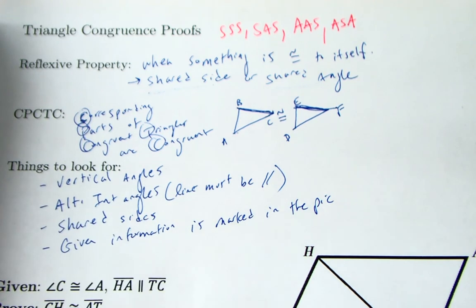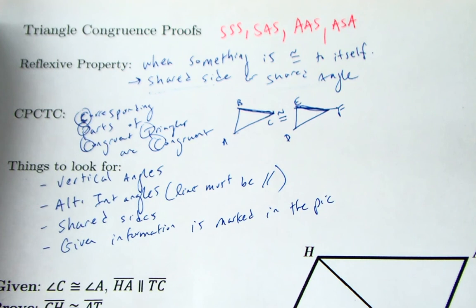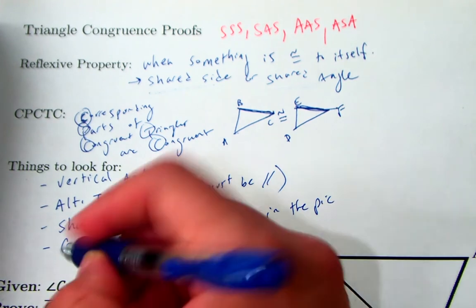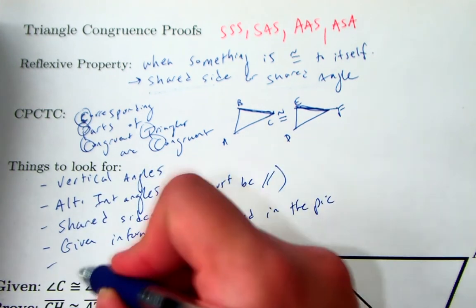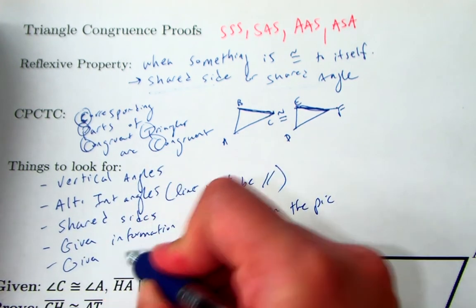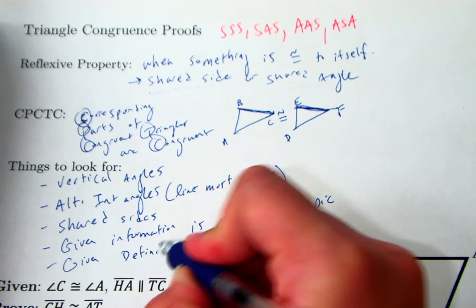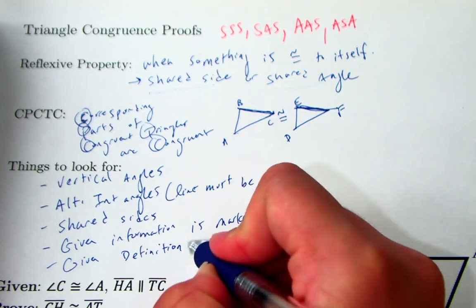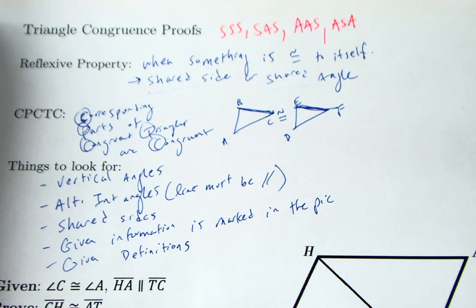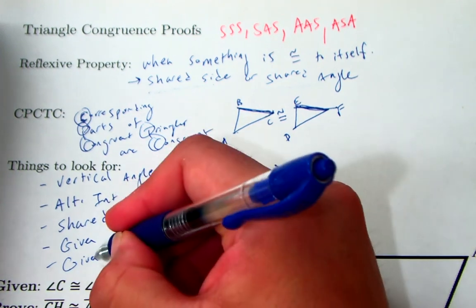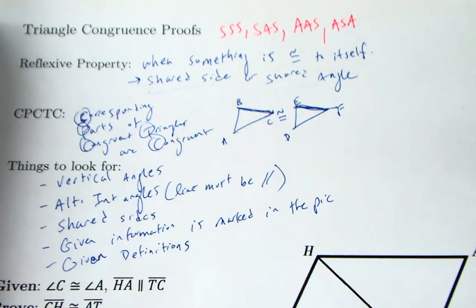And since most of us can at least get some information from our eyes rather than just reading things, making sure that the picture tells you the full information is also important. And lastly, at least for now, keep an eye out for given definitions. Sometimes you'll be given a certain description of something, and just because you're given that description doesn't necessarily mean you're given the consequences thereof.